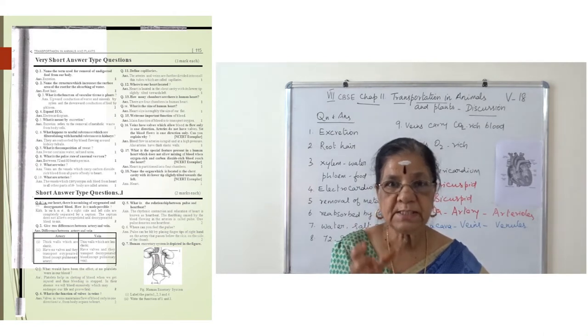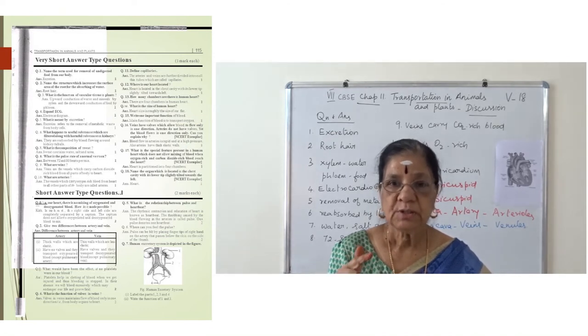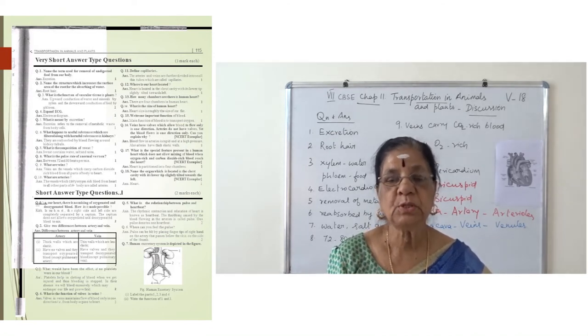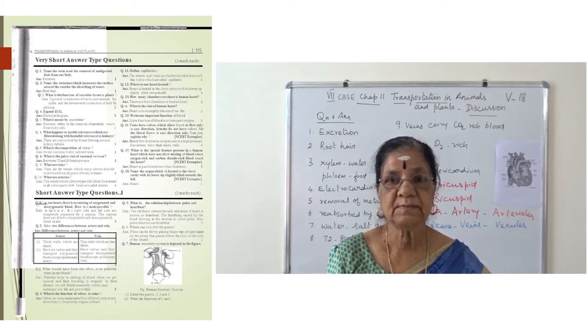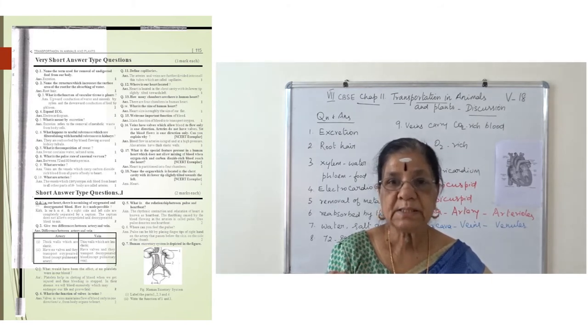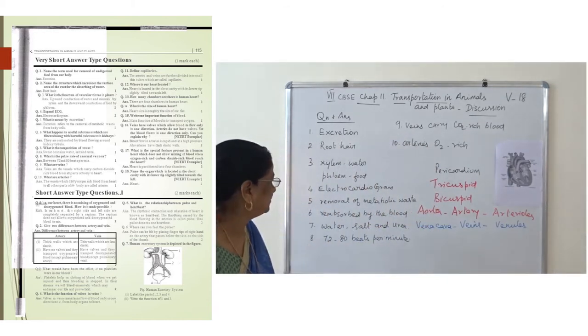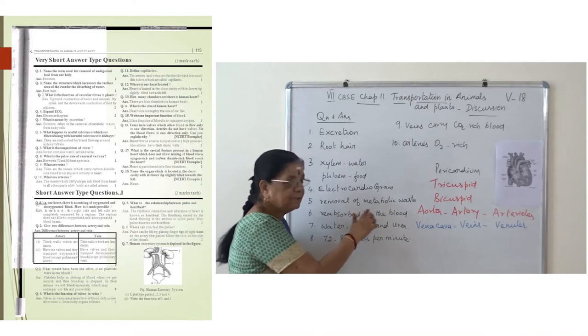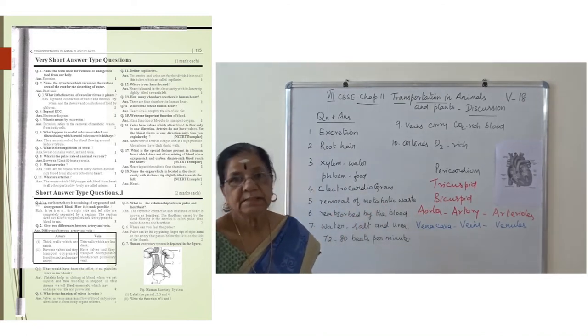During that excretion, that content, the filtrate from the glomerulus, is sent through the convoluted tubule as proximal convoluted tubule, Henle's loop, and distal convoluted tubule. So when it is passing through the kidney tubule, the metabolic waste is removed by the kidney tubules.